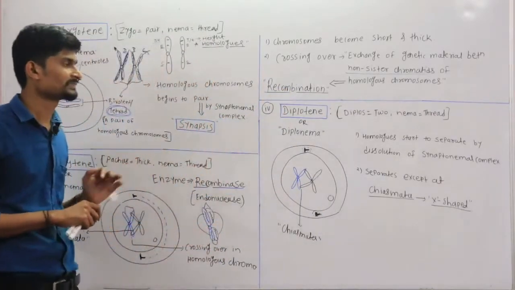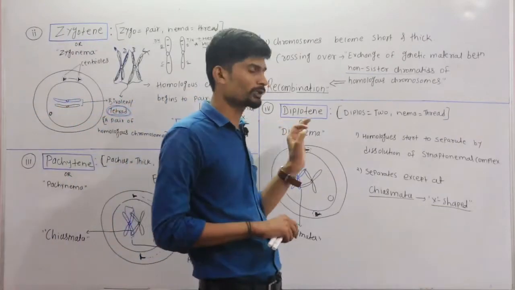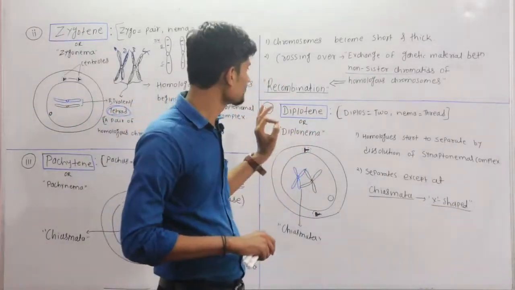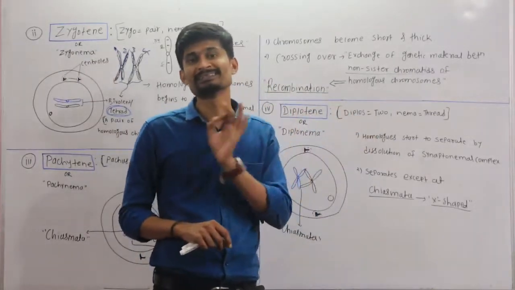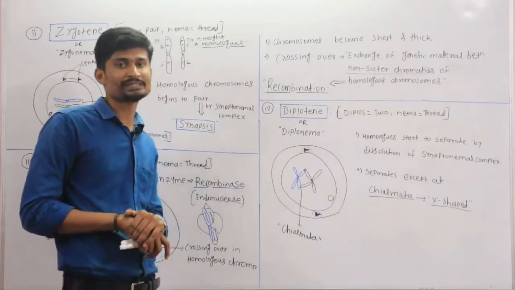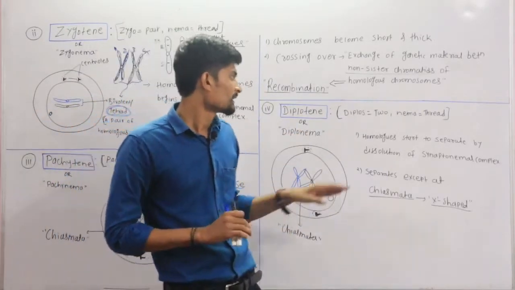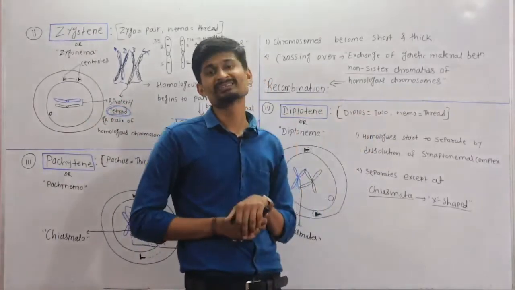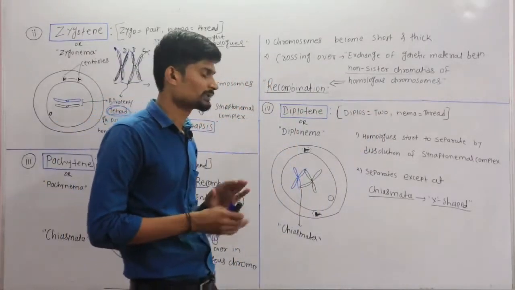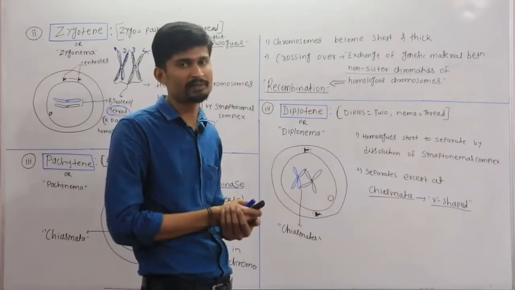Now the next step, the fourth stage of prophase I, is diplotene. D for diplotene or diplonema. Diplo means two, nema means thread. So here there is separation of the two threads, that is why it is called that.